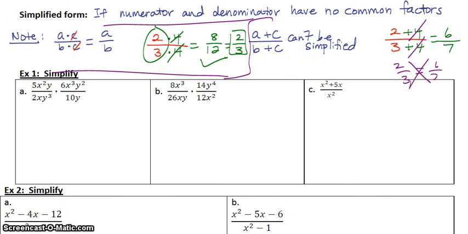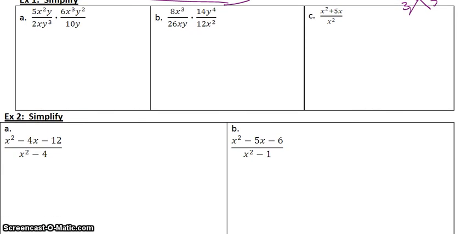All right. To start off with, you're going to be given some things that look very similar to what we did in Chapter 7. So actually, this is not really new material. What we're going to do is simplify our variables and simplify our numbers. If you prefer, some students like to multiply the variables together first just to figure out how many are on top and how many are on bottom.